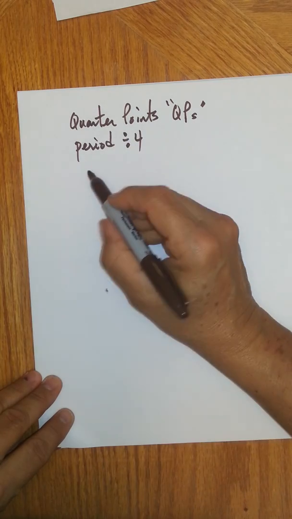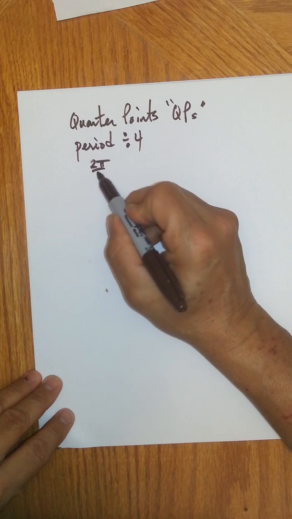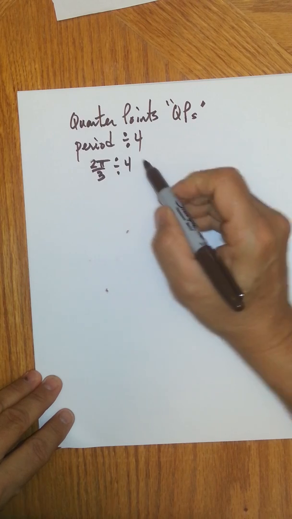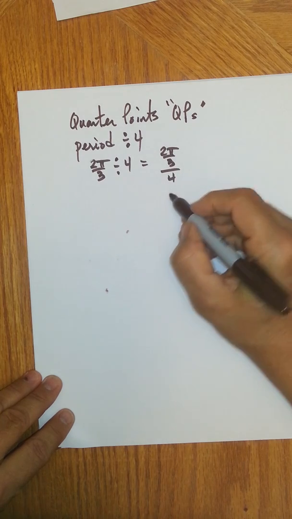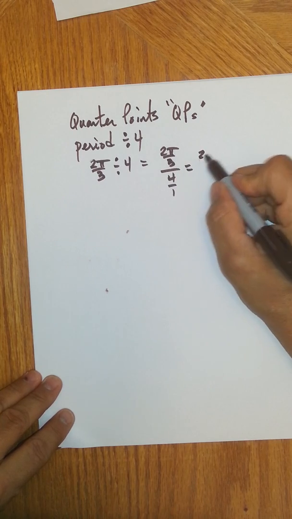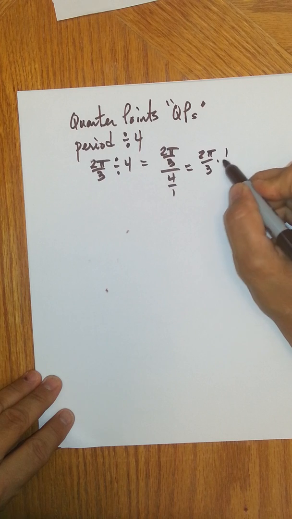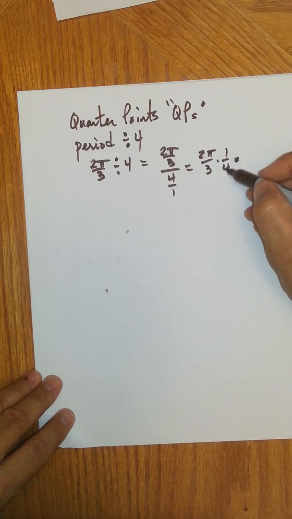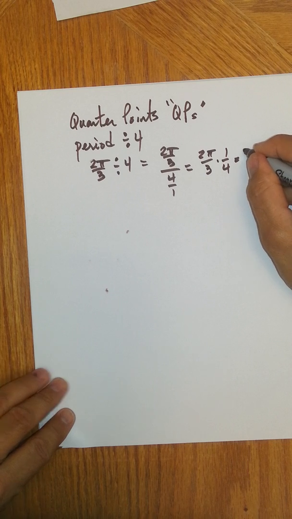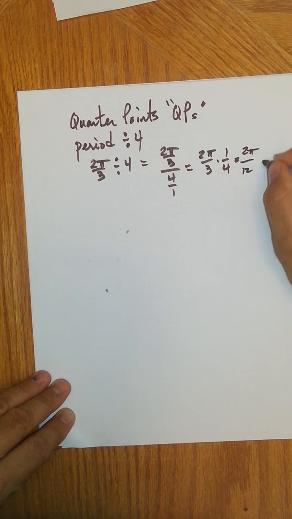All right. So in our case, that's 2π/3 divided by 4, which can be written 2π/3 divided by 4, and that's understood over 1. Flip and multiply, and you could say 2π/12, or you could reduce, 2 goes into 4 twice, however you want to do it. Let's say I do 2π/12, 4π/6, right?